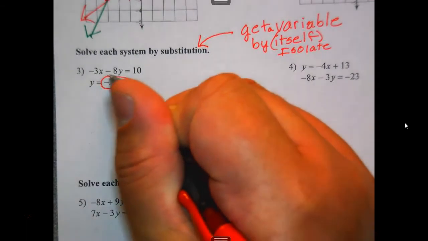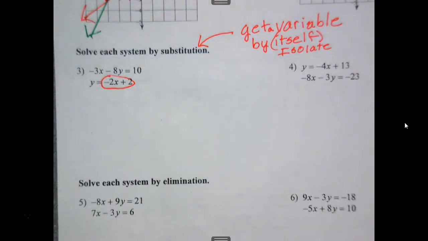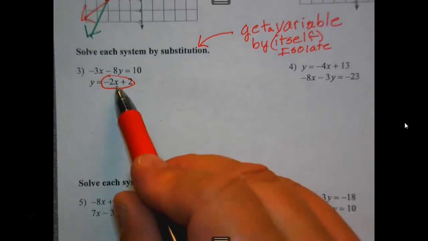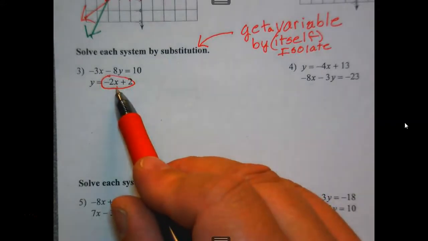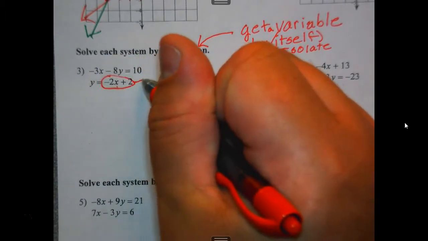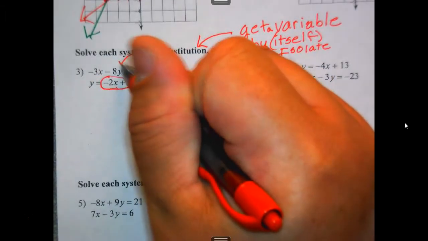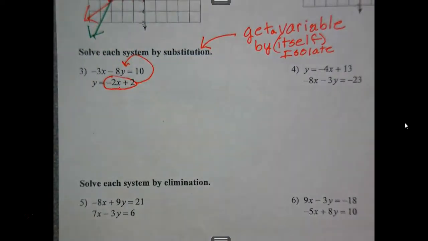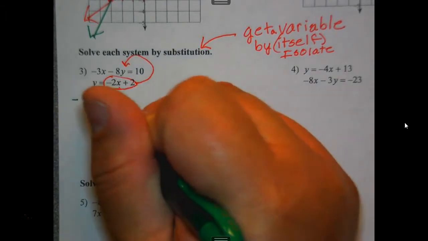The y equals -2x plus 2. Okay, you take what y is equal to in this equation and you substitute it into wherever it is in the other equation. I highly suggest that you use the parenthesis method on this.